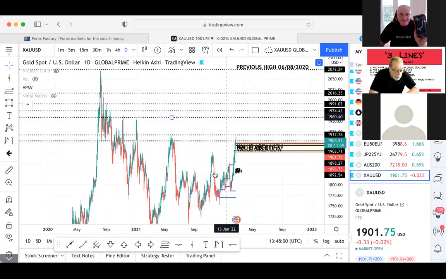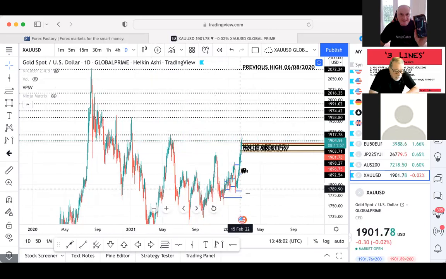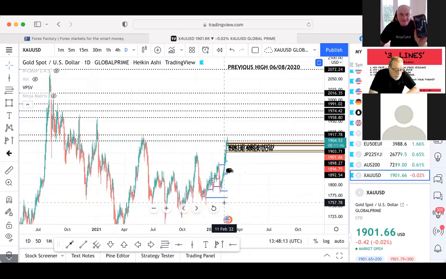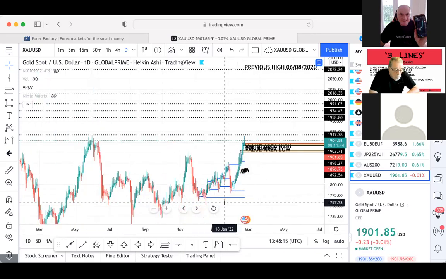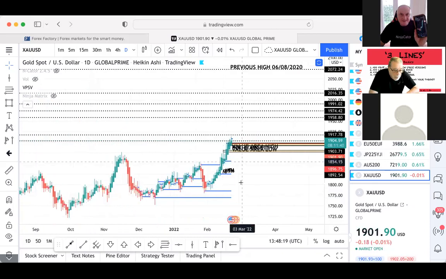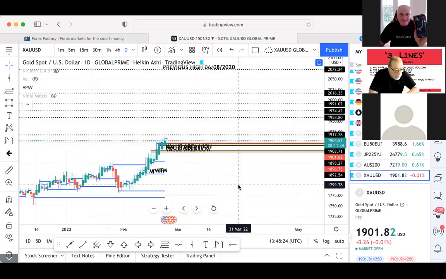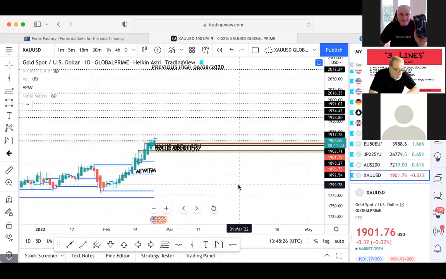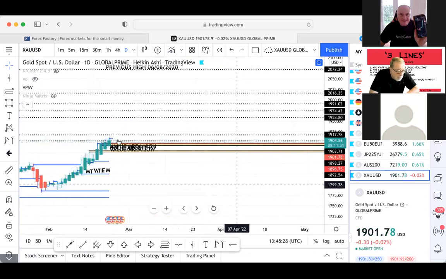There are some below, as you can see here. These are outstanding points of control, and this one is from the 16th of December last year. If we go out, we might pick up a couple more. Yeah, there's one there, one there, one there. So there are four. And the way I see those blue lines is those are all potential targets. There's one up there, look.